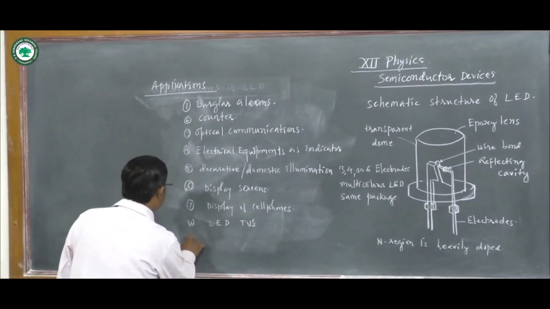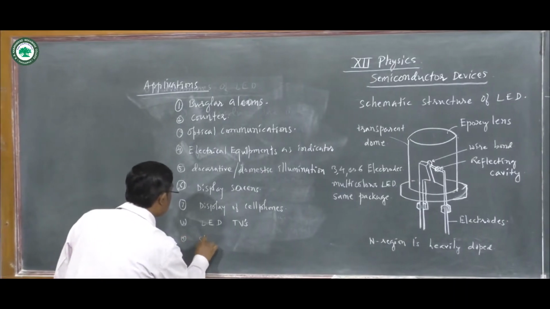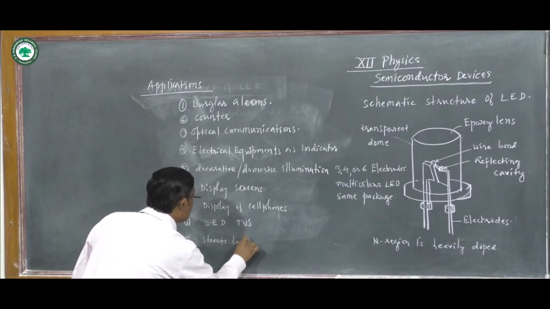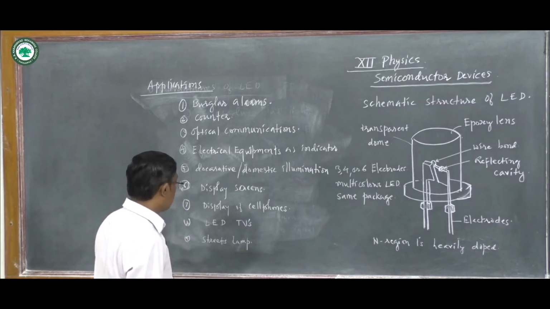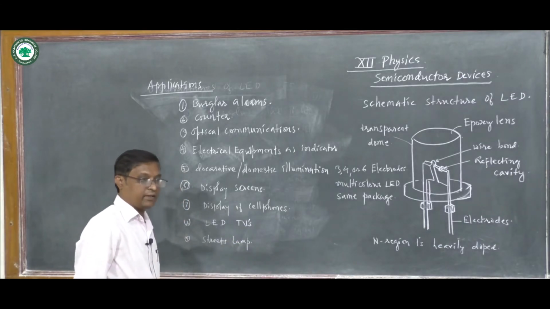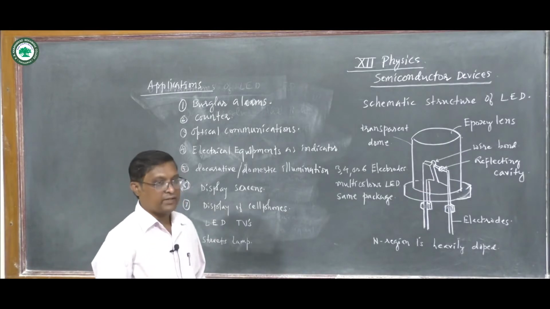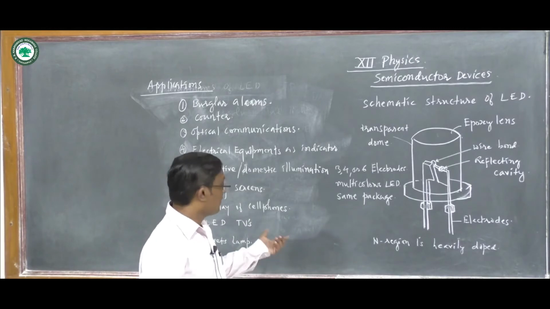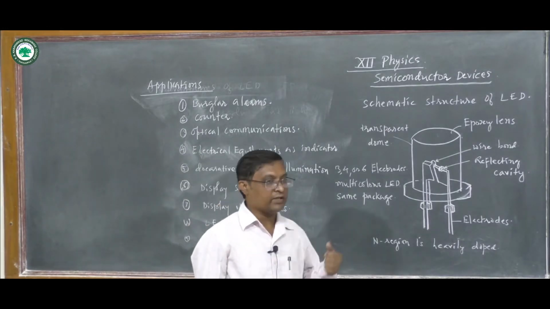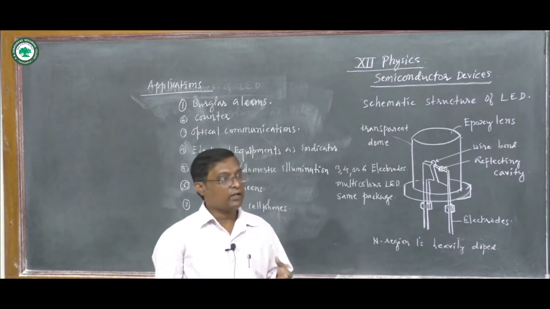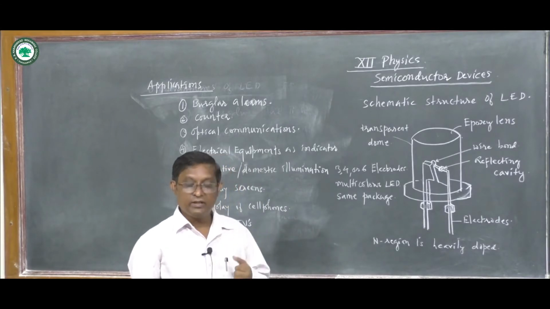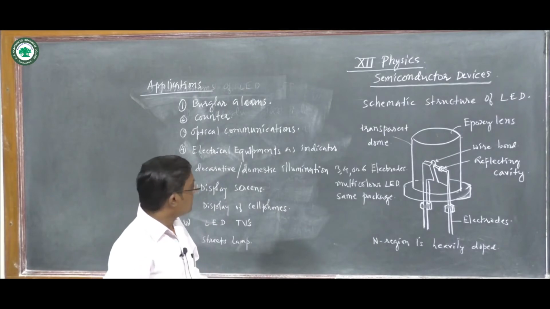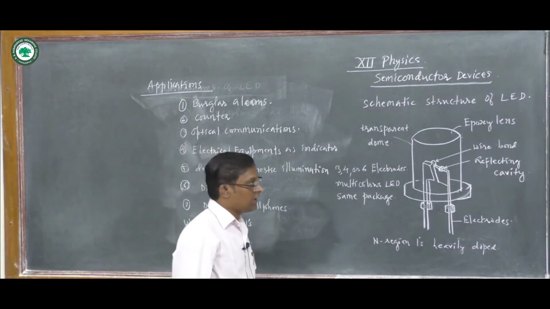We use these LEDs in street lamps because of the advantage of being energy efficient, so the energy consumed by these lamps in the street is very little, and we can save energy. These are the applications of the LEDs.